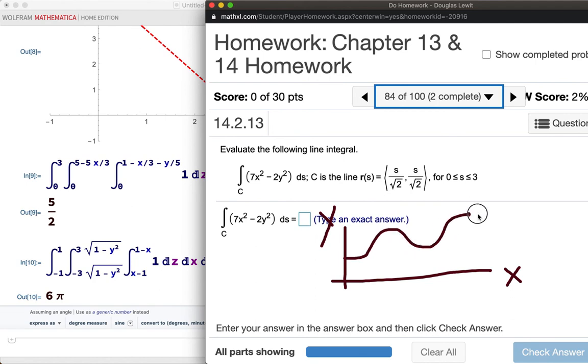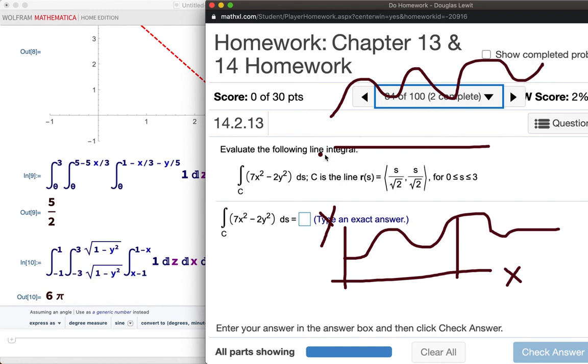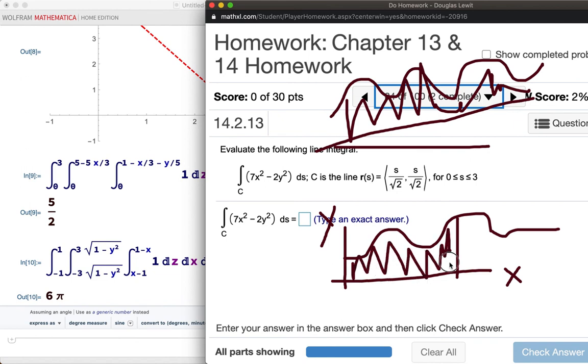So you have a curve, and you're integrating over the x-axis. But here, you're integrating over a path, over a curve. I have some function, and I'm integrating this function with respect to a path. So instead of integrating over the x-axis, now I'm integrating over a line, a curve, a path. It doesn't have to be the x-axis or the line y is equal to 0.